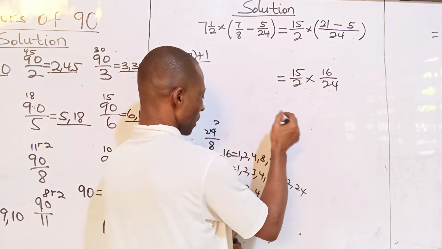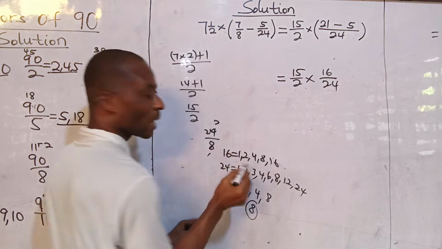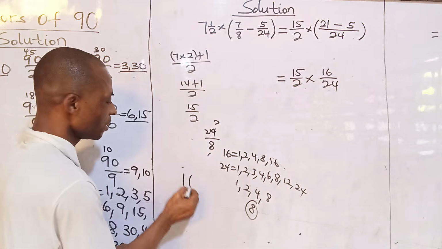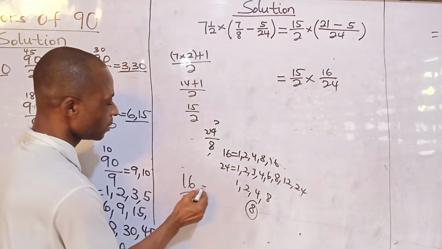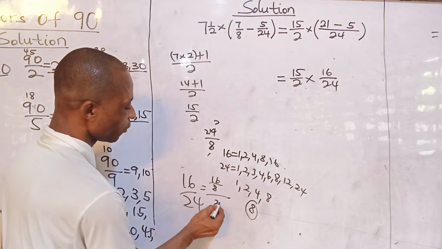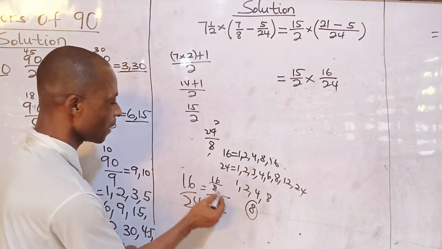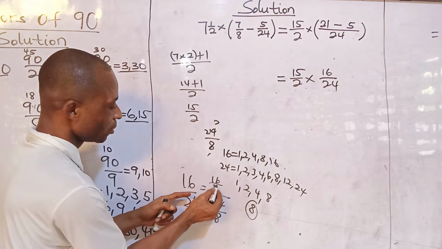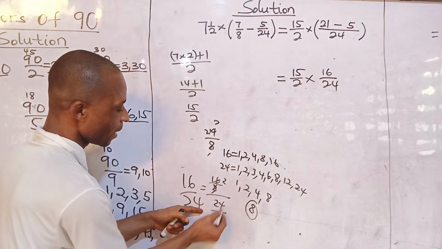So we say 8 can divide, look at it carefully. When you take 16 over 24, you divide 16 by the highest common factor, 8, and divide 24 by the highest common factor. 8 divides 16, 2, and divides 24, 3.